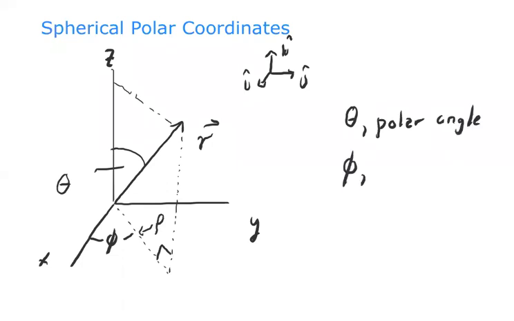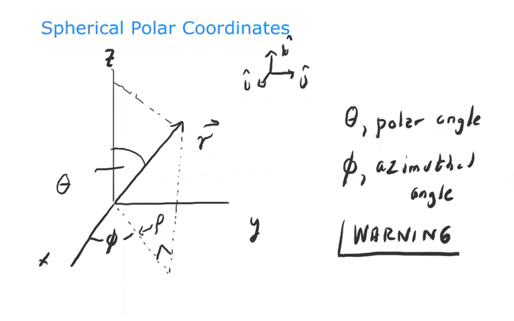Phi, we saw before, also has a name. It's the azimuthal angle. And warning, there are people who write textbooks and papers and research projects where these two are interchanged. Some people call phi the polar angle, some people call theta the azimuthal angle. We will not.